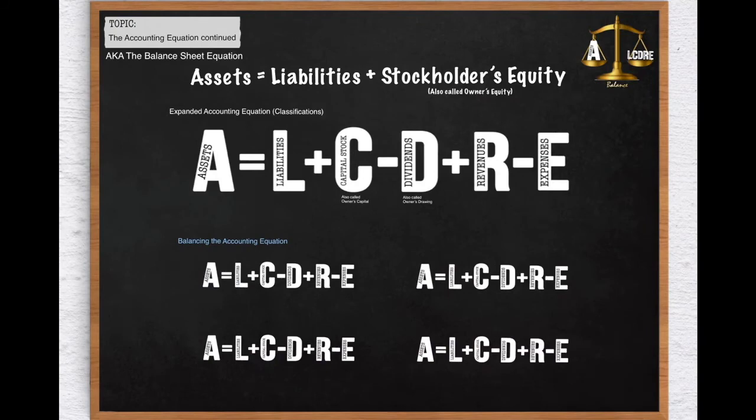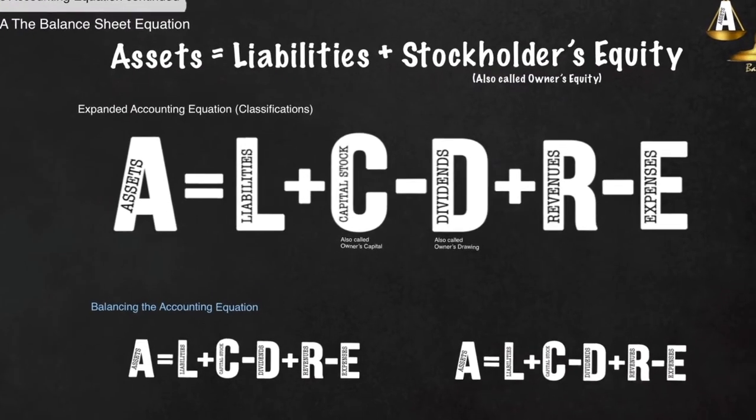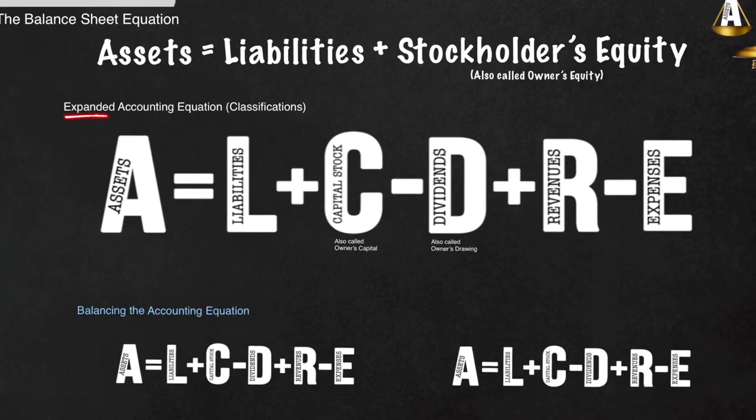Now, let's get into the accounting equation. Again, it's referred to as the balance sheet equation a little bit more. Remember, it's assets equals liabilities plus stockholders' equity. Assets are things you own, liabilities are things you owe, and the difference between the two is considered stockholders' equity, also called owner's equity. Now we can expand this equation, all right?